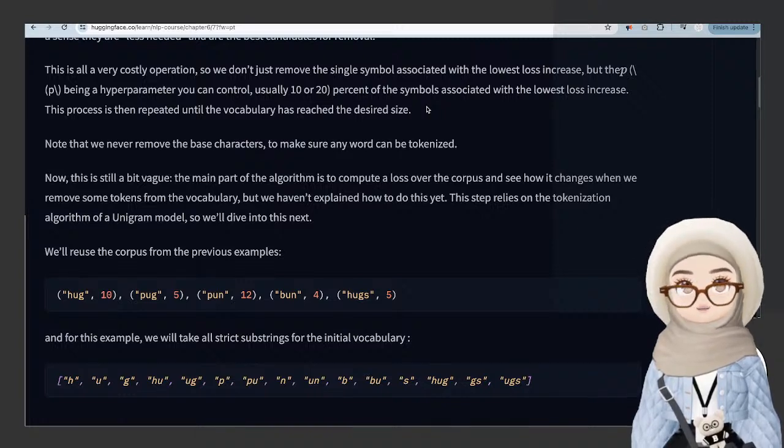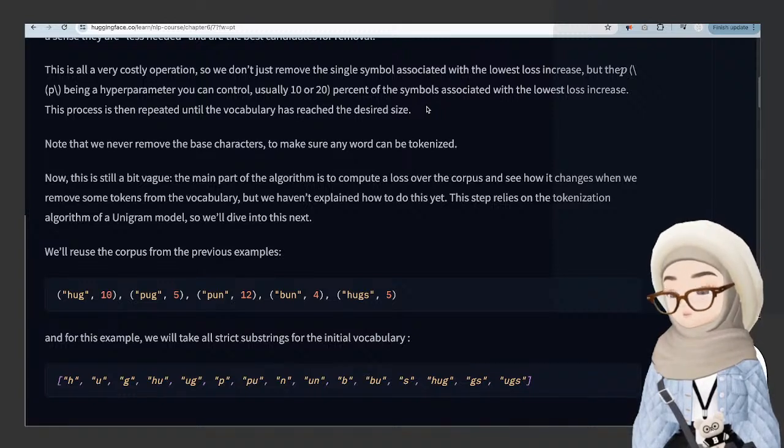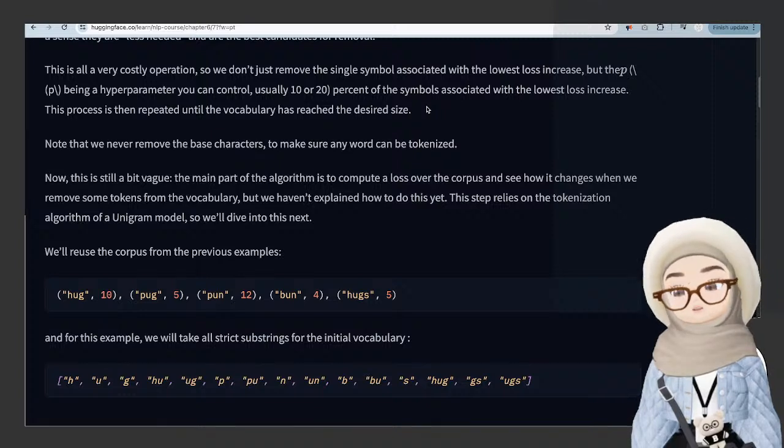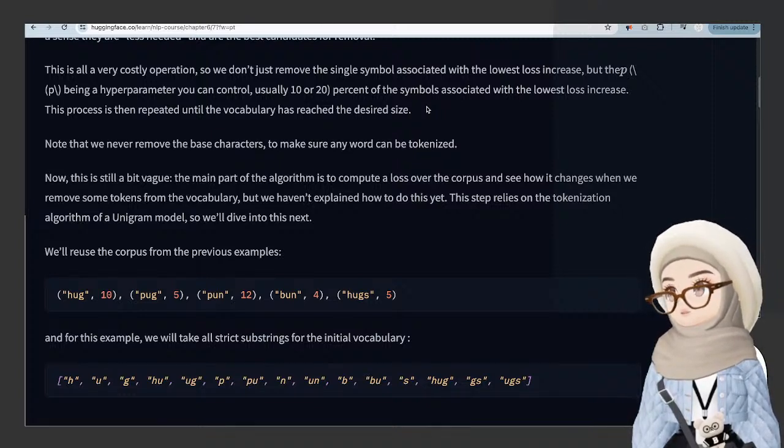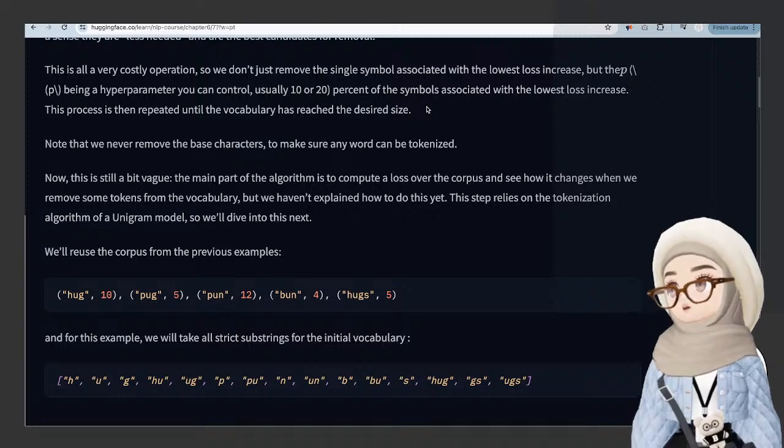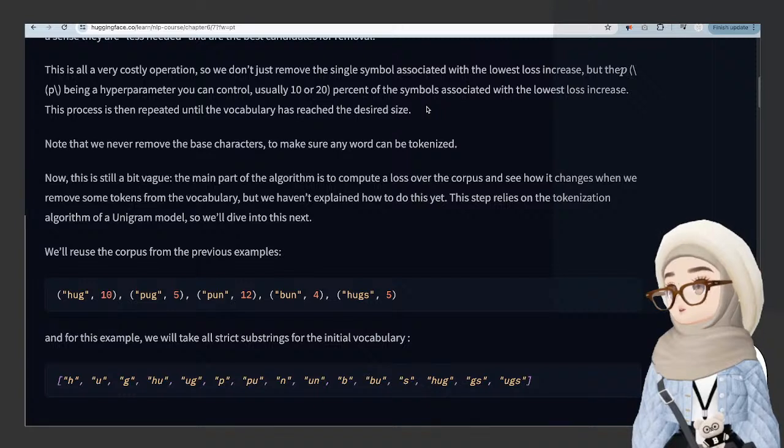We remove a percentage p of symbols, p being a hyperparameter you can control, usually 10 or 20% of symbols associated with the lowest loss increase. This process is then repeated. We take a good percentage.